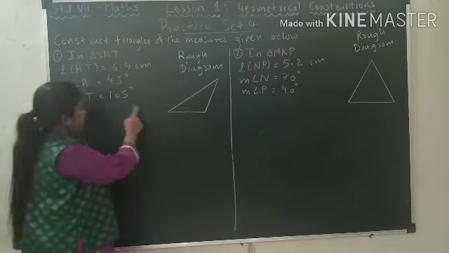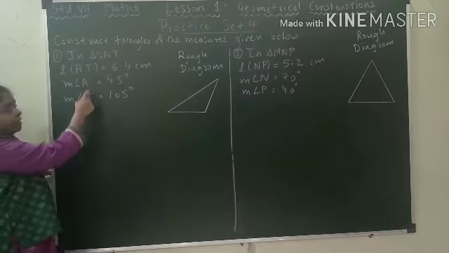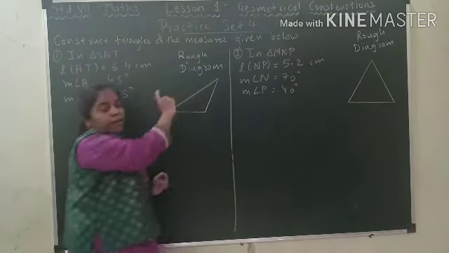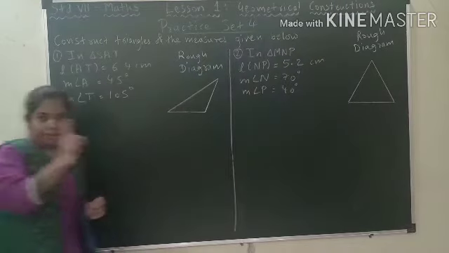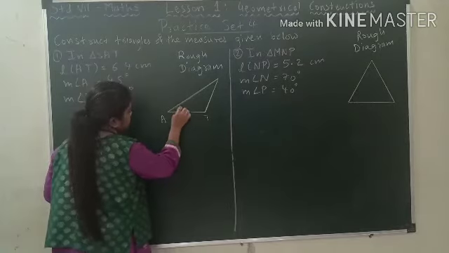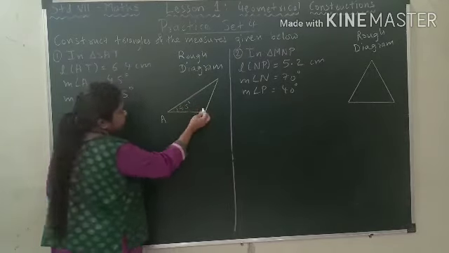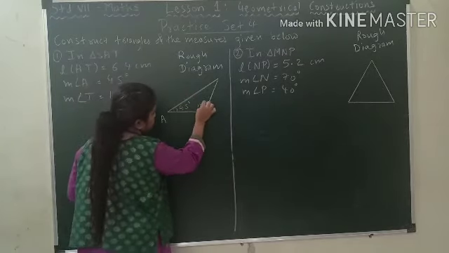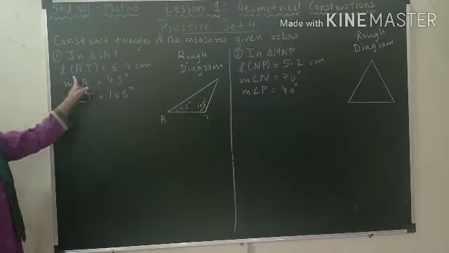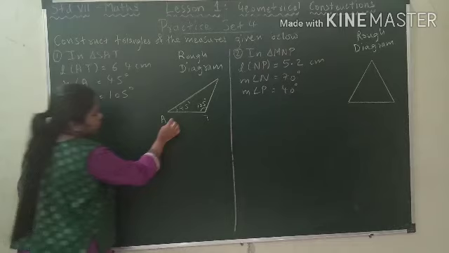If A is the angle, T is the angle, do not write A here or T here. Write A here, T here at the base. These are my angles and AT base 6.4.